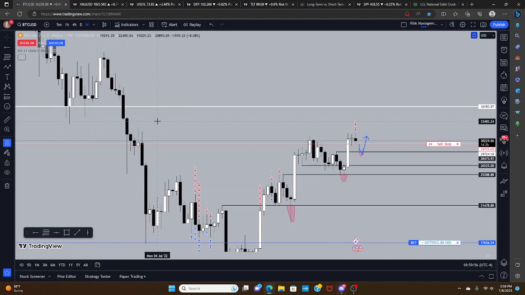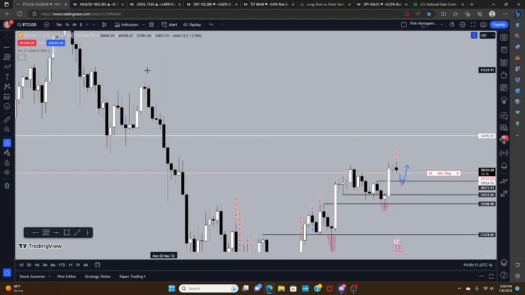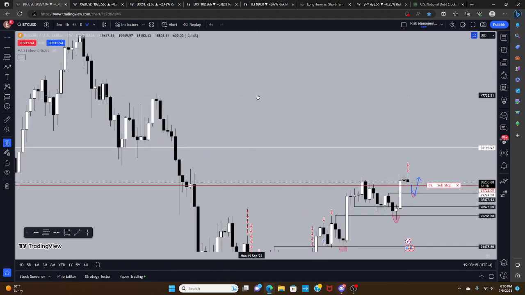But I don't know that if Bitcoin ran up to these levels, that would necessarily be the time to sell Bitcoin. I think price could even make a run for these highs up here.